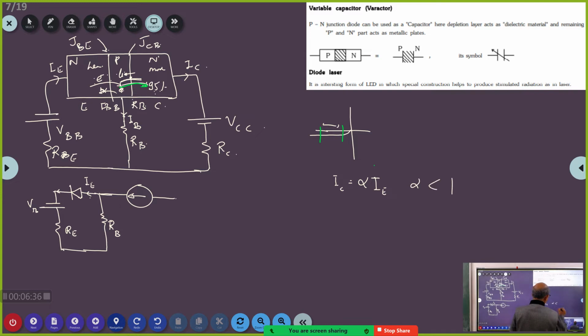And alpha is less than 1. Understood? So this current, I can write it as alpha times IE. Agreed? And you know the concept of constant current source. That means the current will be constant irrespective of the load, right? And then, of course, this end, I am going to write this.